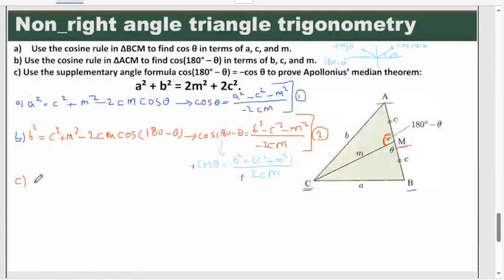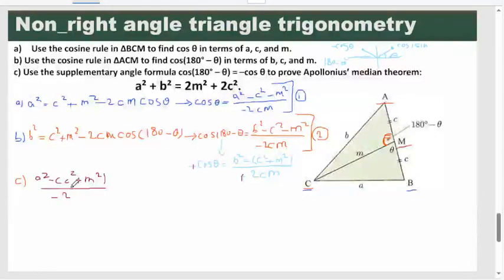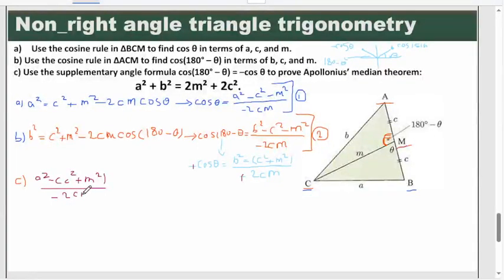So I write the right sides equal. For the first step, I have A squared, I take a factor from these two terms and say C squared plus M squared over negative 2CM, and I have it here for step 2.